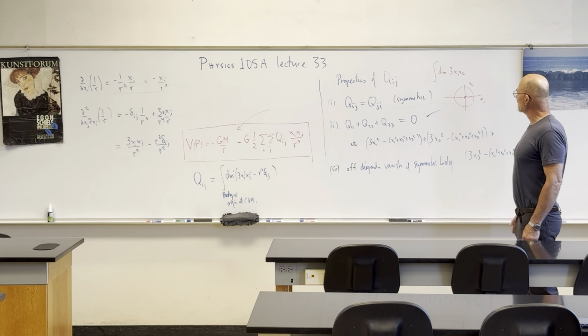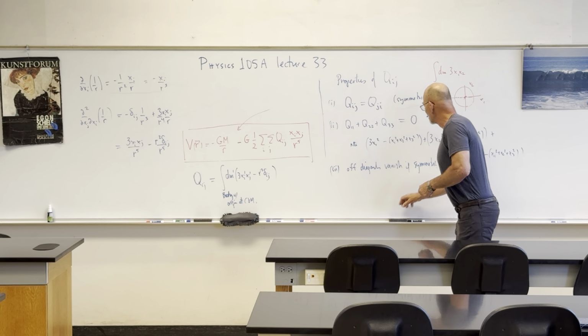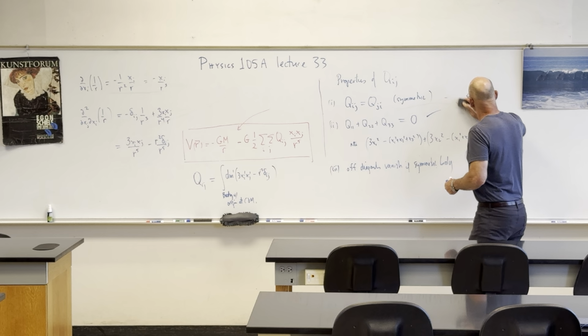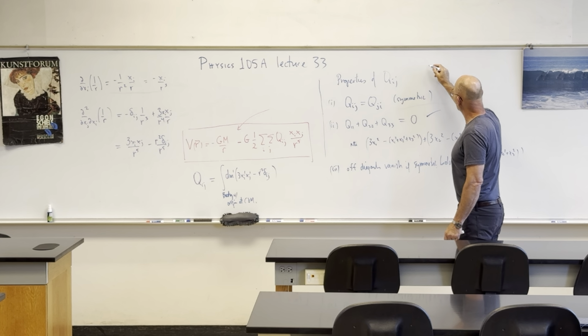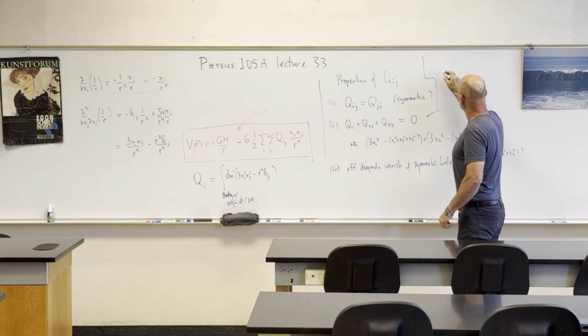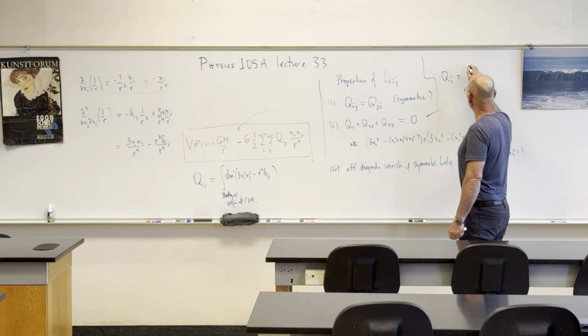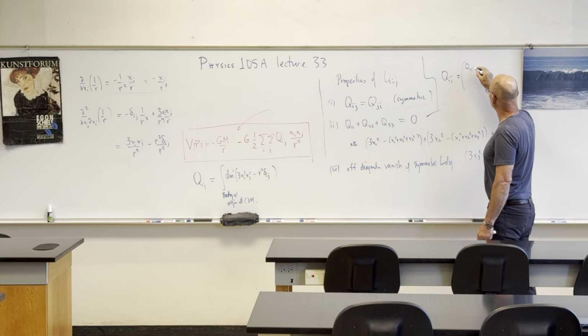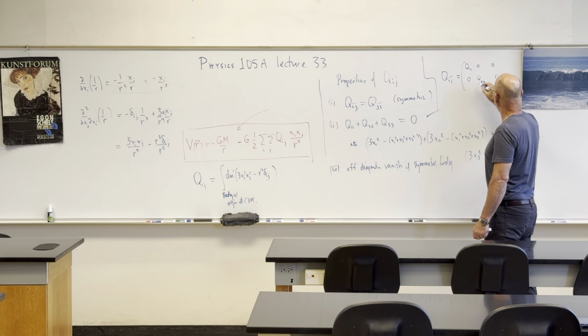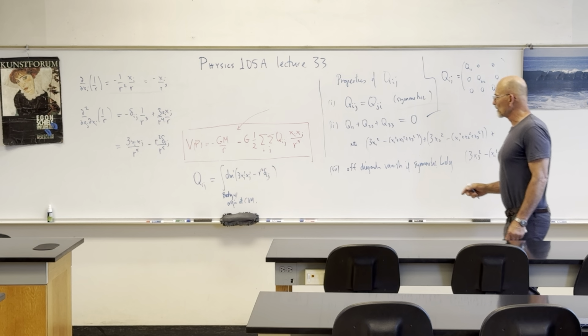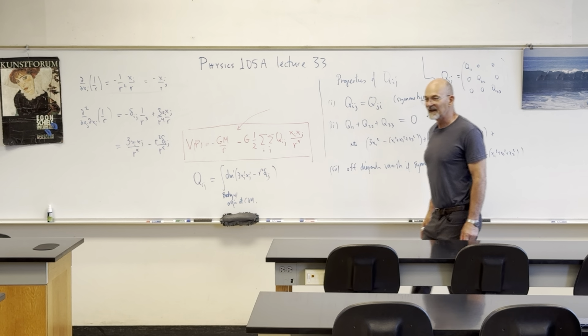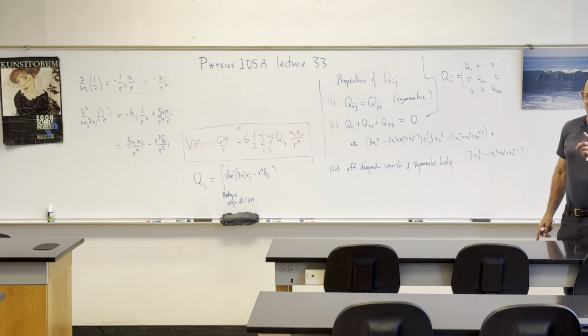Now, if the off diagonals vanish, then you're looking at a very basic thing. Now I'll just put this up here. Now you're looking at Qij equals Q11, and now you see you have to do at most 3 integrals for a symmetric body.